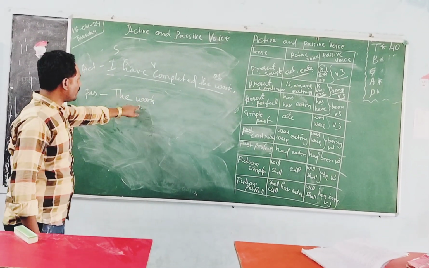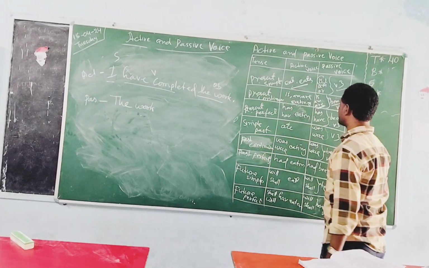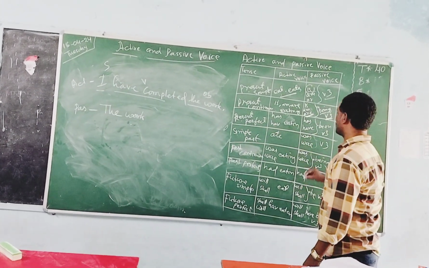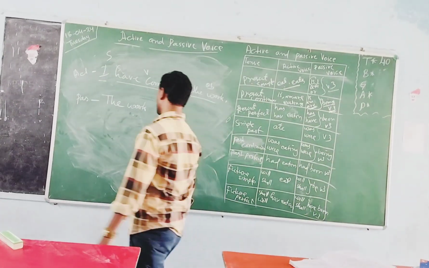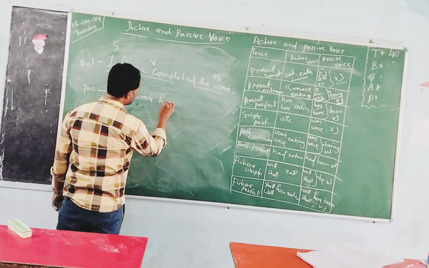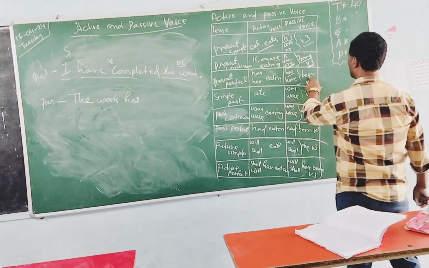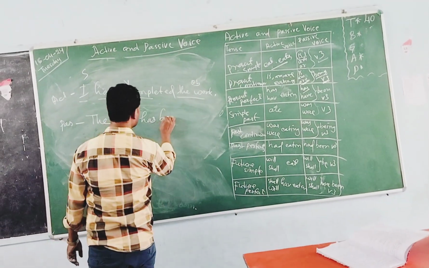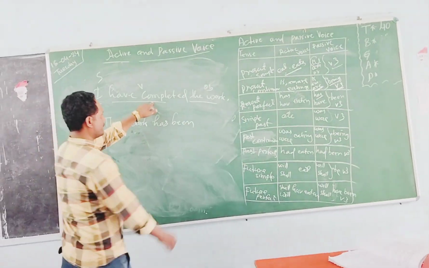Now let us see, the work: singular or plural? Singular. So we have to select the helping verb by subject and helping verb agreement. The subject is singular, so we take a singular helping verb. So has: the work has. What is the formula we have? Been plus verb 3. The work has been completed, verb 3, completed.